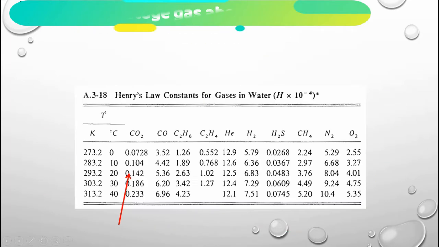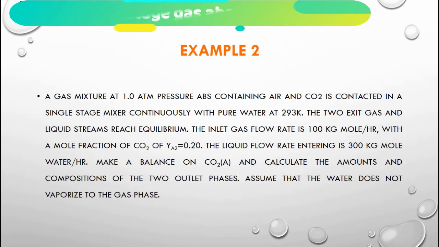Okay, let's move to the next example in your slides, which refers to solving a case study for a single stage gas absorption process. Starting from the first sentence, a gas mixture at 1 atm pressure absolute containing air and CO2 is contacted in a single stage mixer continuously with pure water. So how do we know this example refers to single stage gas absorption?